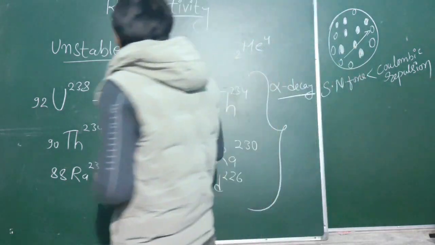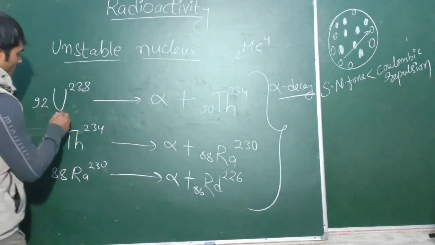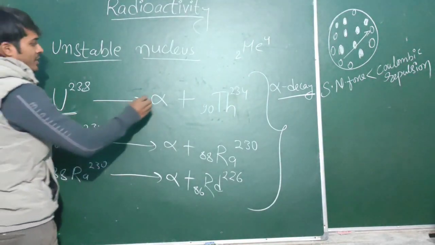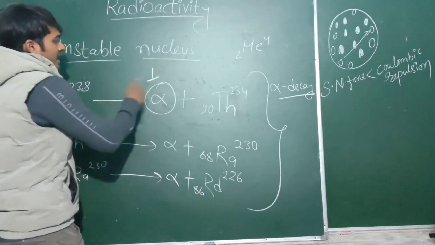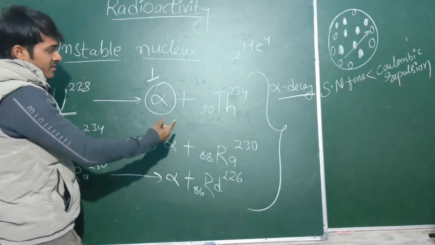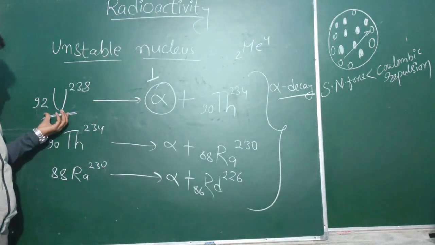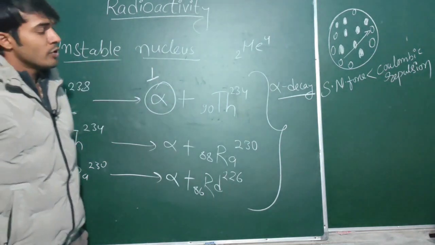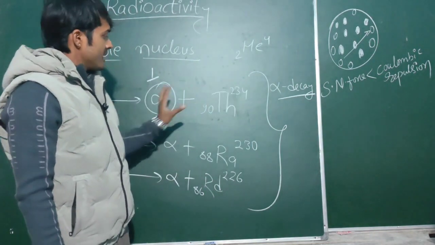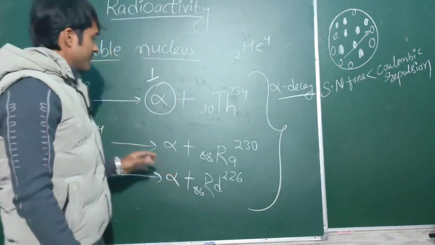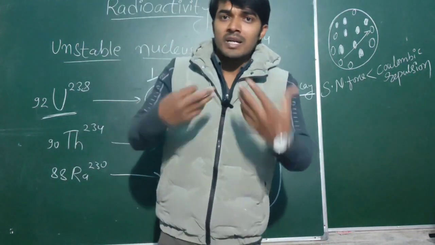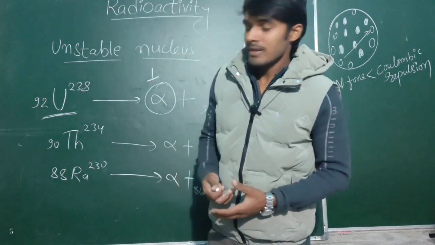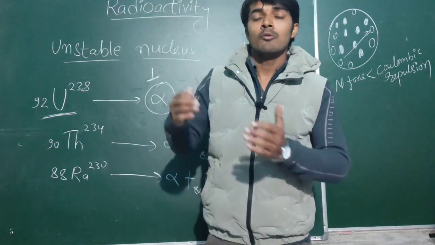So in alpha decay, one unstable nucleus can emit only 1 alpha particle at a time and become more stable than the earlier version. By doing this multiple times, through repetition, it can gain more and more stability.